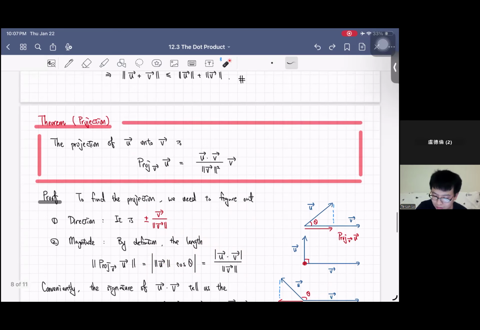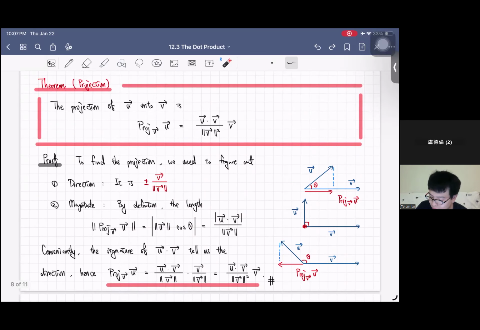So let me go back here. Actually, this will be sufficient. We know that whenever u and v have an obtuse angle, meaning that u dot v is negative, then the projection vector is in fact in the opposite direction of v. And if they have an acute angle, then the projection of u has the same direction as v. So this guy has a sign that determines the direction of the projection of u.